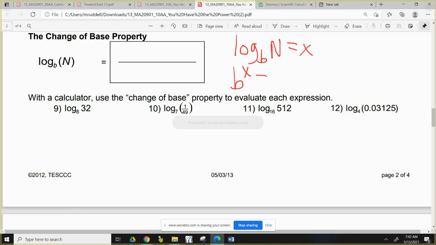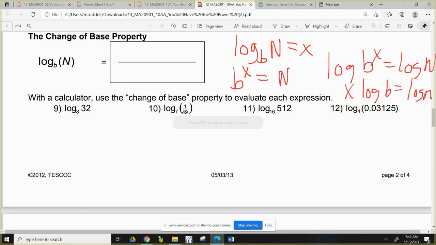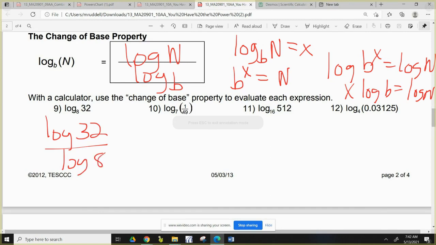We do b to the power of x equals n, log both sides, move the x to the front, and divide. So here, you're going to do log 32 divided by log 8. The base goes on the bottom. Then you would type that in your calculator and get your decimal.